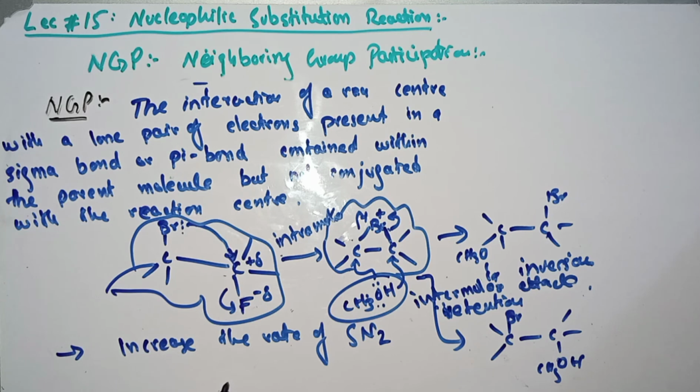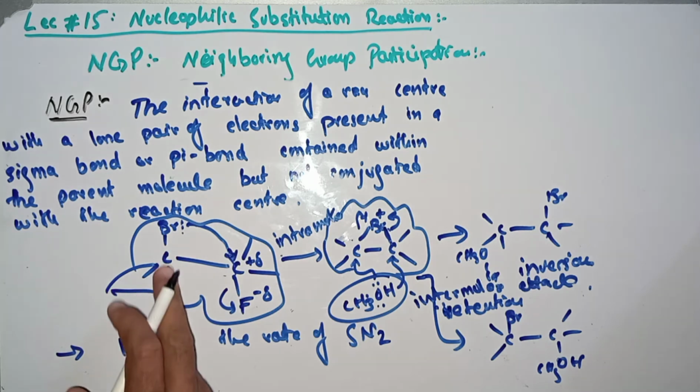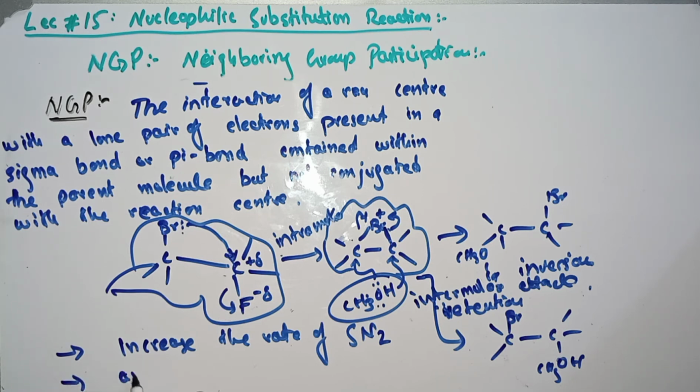Also, the increase in the rate is due to the internal nucleophile. So that's why it is also called anchimeric assistance. The word also used for this reaction is anchimeric assistance. Anchimeric is a Greek word.